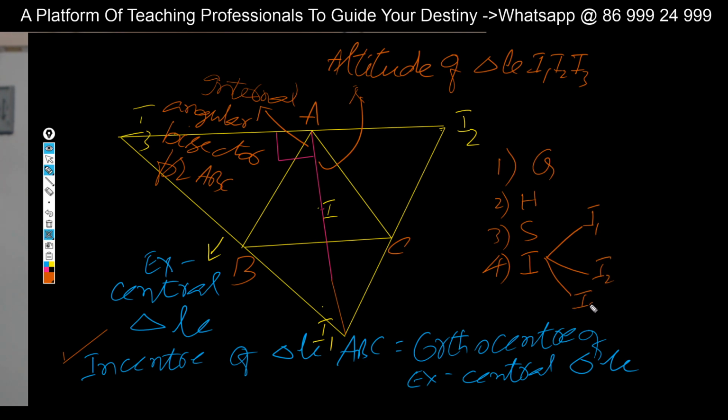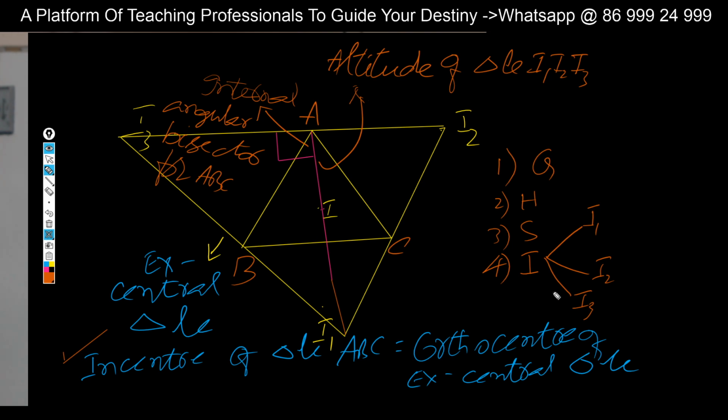These are the centers of the triangle. You have one more center, the nine-point center, for the triangle, but that is not given importance and is not in the syllabus. So we will be concentrating only on these four centers.